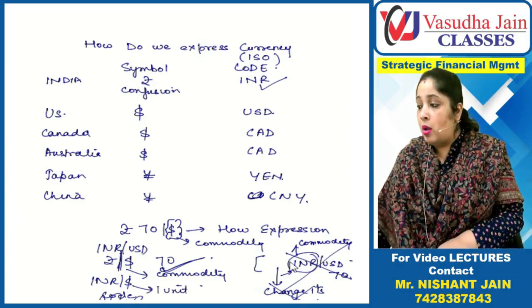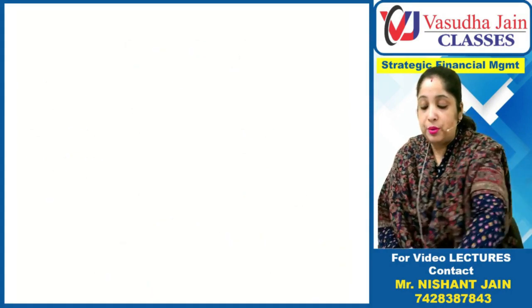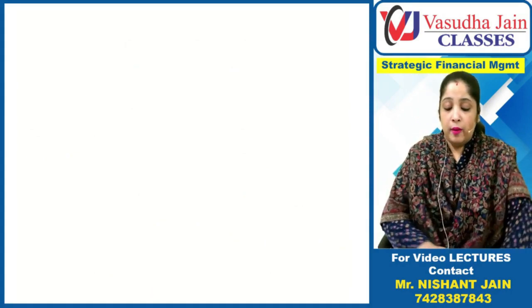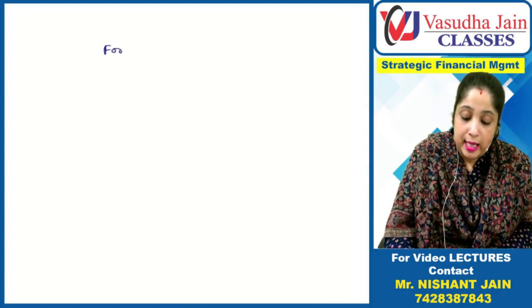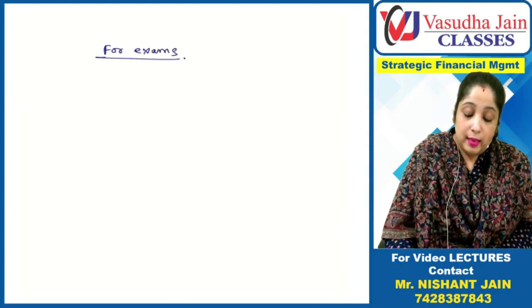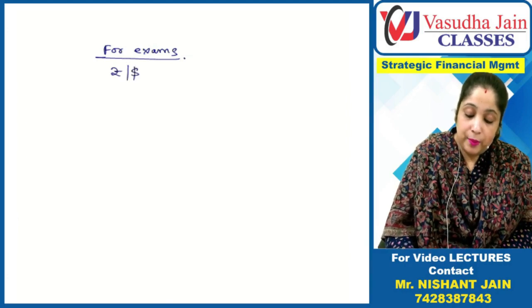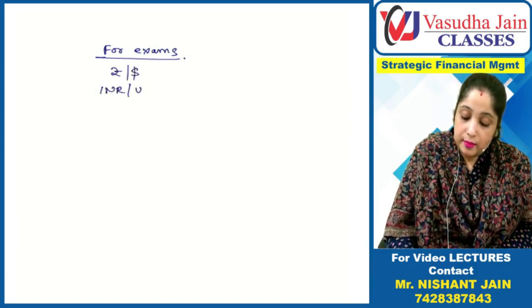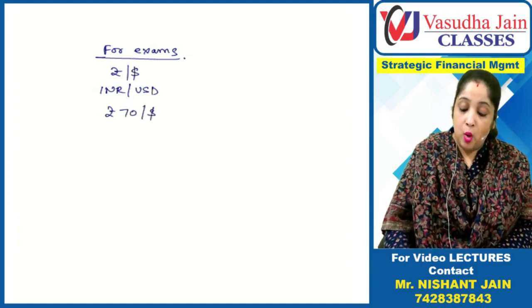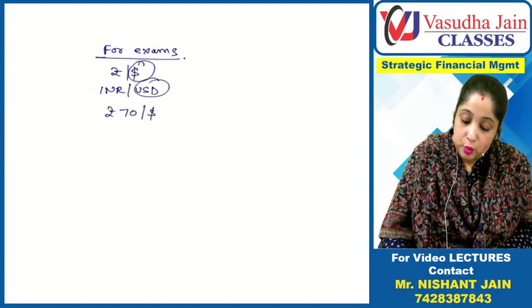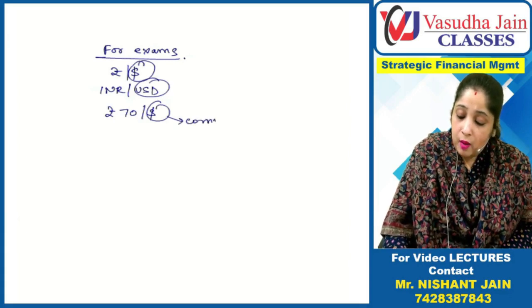Hence, now don't get confused. What you have to remember for exams is that whether it is like this or like this or like this, it holds the same meaning. This is going to be the commodity which is expressed after the slash sign.